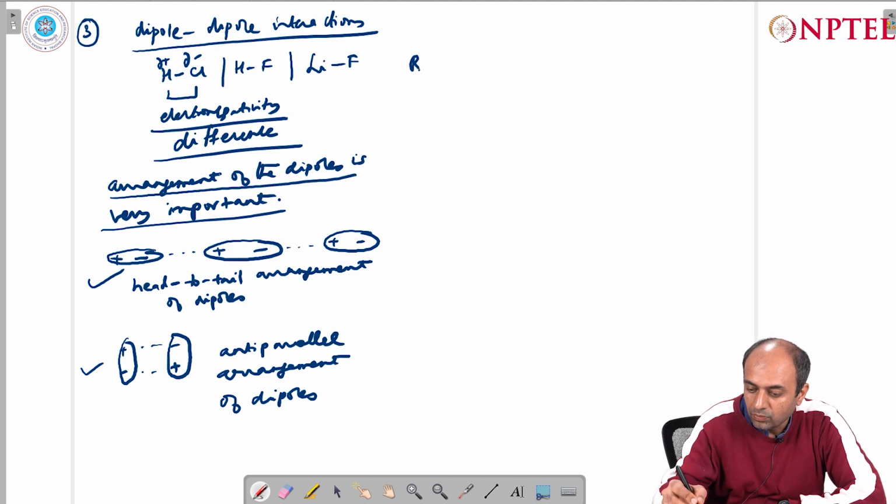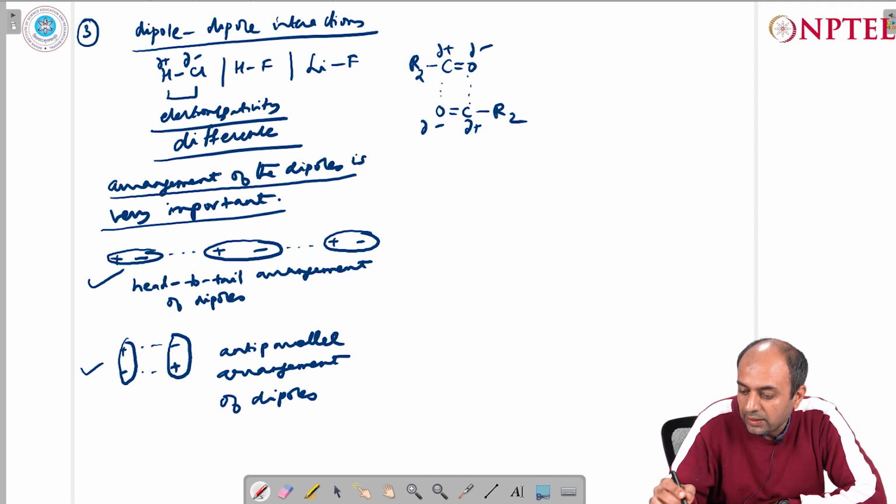acetone. So this is an organic solvent and it has got a dipole moment associated with it. So you can have an arrangement where the two dipoles essentially arrange in an antiparallel fashion such that in this particular dimer there exists here a center of inversion.